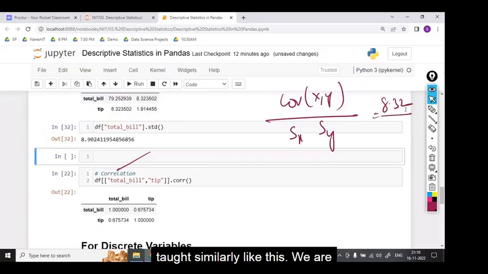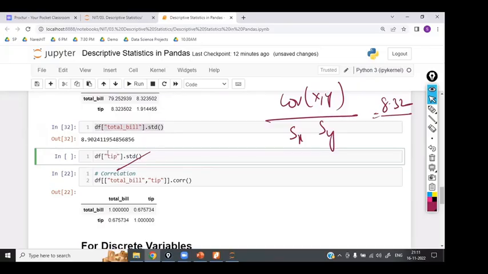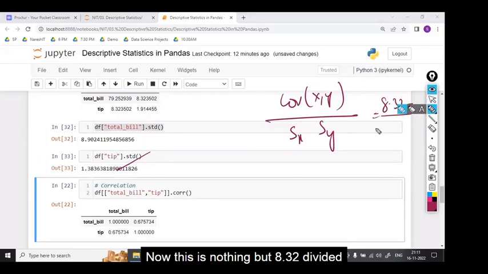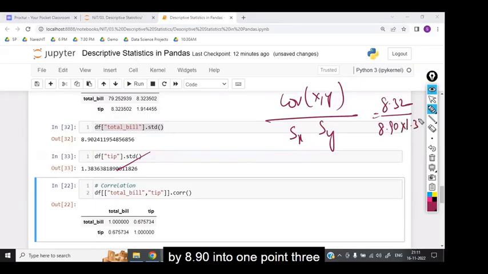Similarly, you are going to calculate for the second one, the second column called tip. Now, this is nothing but 8.32 divided by 8.90 into 1.38.